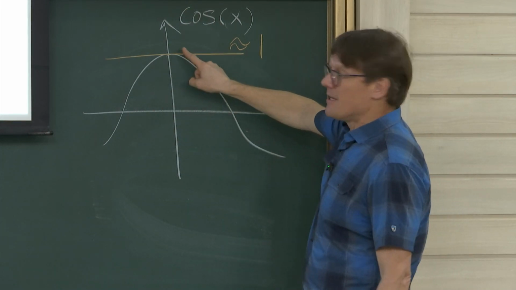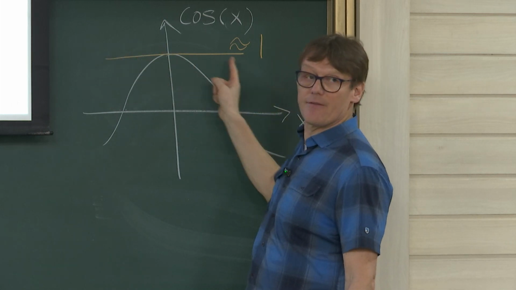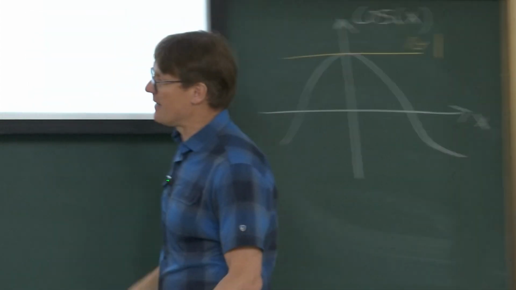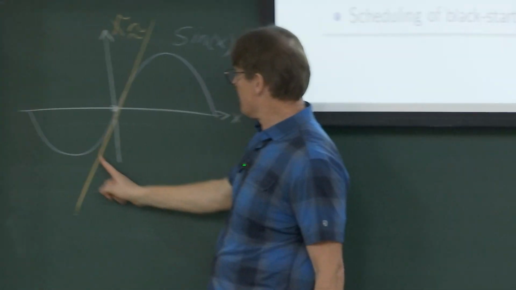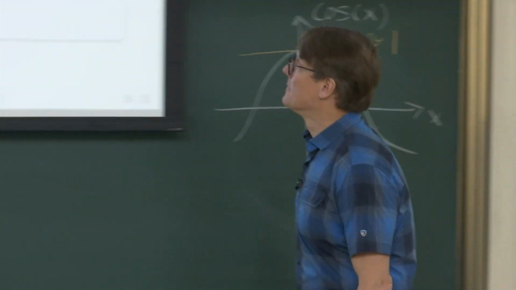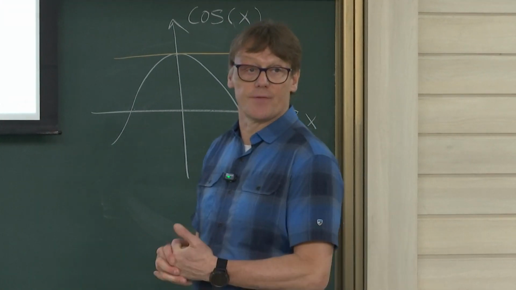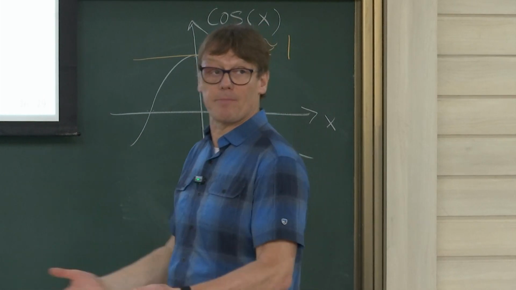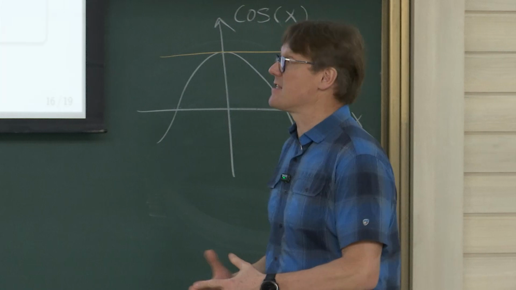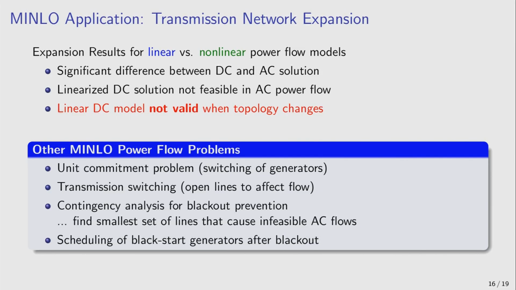And so that means you want to go to angles that are very far away from where you have good approximations. And when you do that, you get errors. You're suddenly no longer on this curve. So it's not to say the DC model isn't useful. It's probably useful for quick planning if not much changes in your network. But if there are big changes, then you probably shouldn't use it.